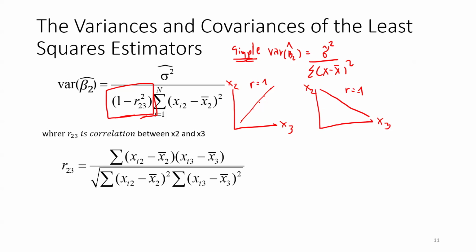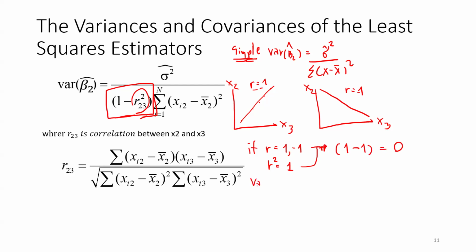What happens if the correlation is 1 or minus 1? The term here, 1 minus correlation squared, becomes 1 minus 1 in both cases, right? 1 squared is 1, and minus 1 squared is also 1, so 1 minus 1 is 0.